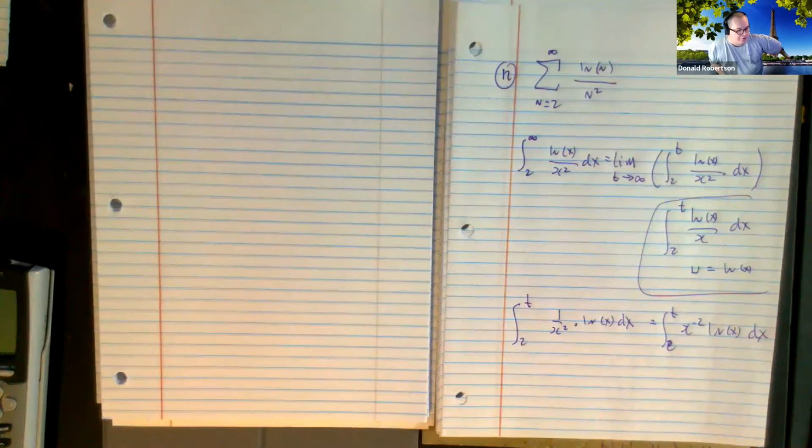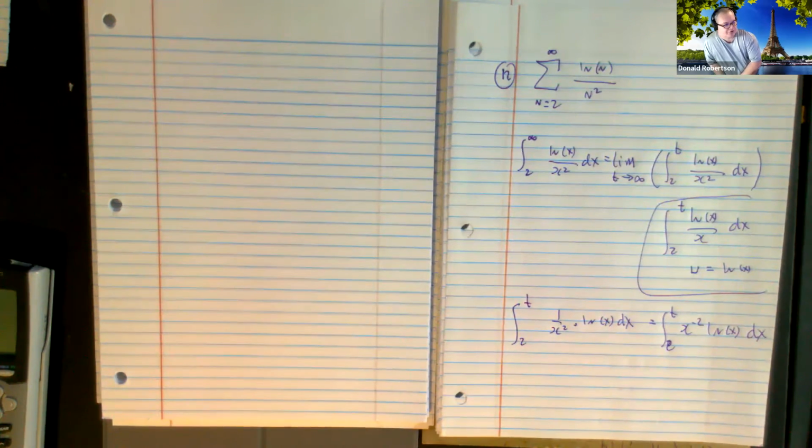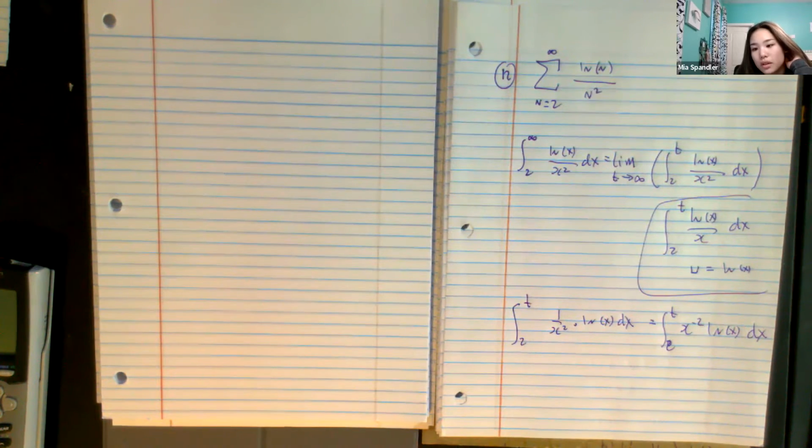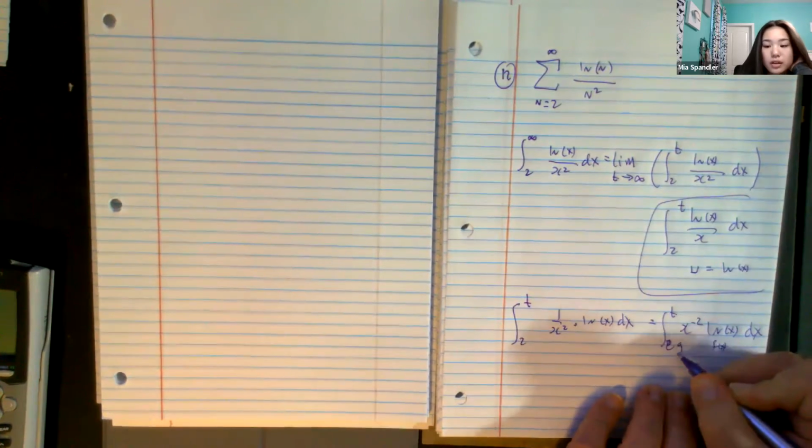Now, can you see two things multiplied, which tends to be, not always, but tends to be integration by parts. So now you have one more decision to make. Who is the f and who is the g? Which one is f of x? Which one is g of x? The natural log would be f of x, and then the x to the -2 would be g of x.